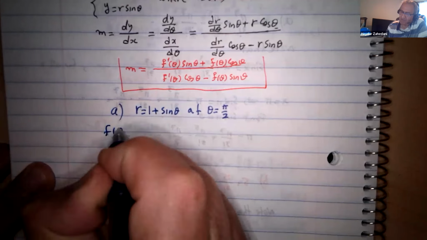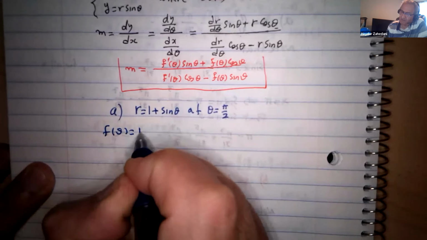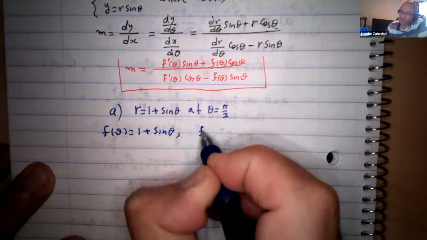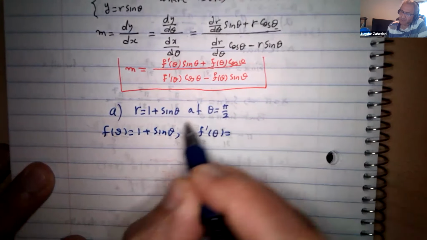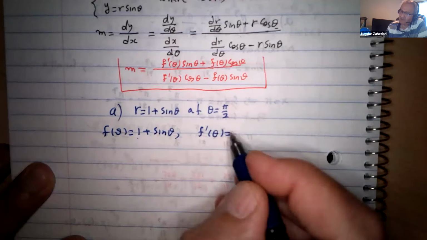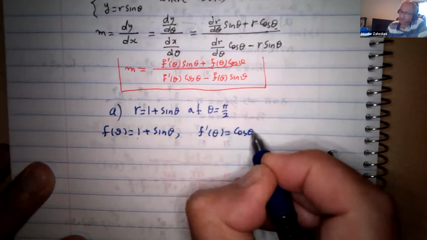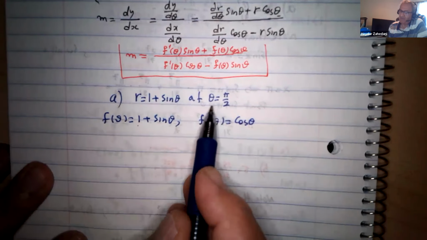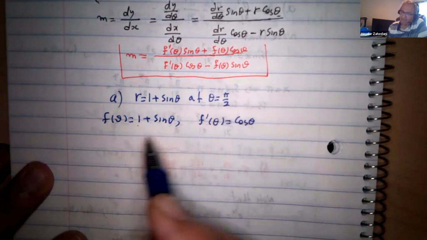So f of theta is 1 plus sine of theta. I find f prime: the derivative of 1 is 0, the derivative of sine is cosine. So f prime is cosine of theta. Substitute and then find it at theta equal to pi/2.